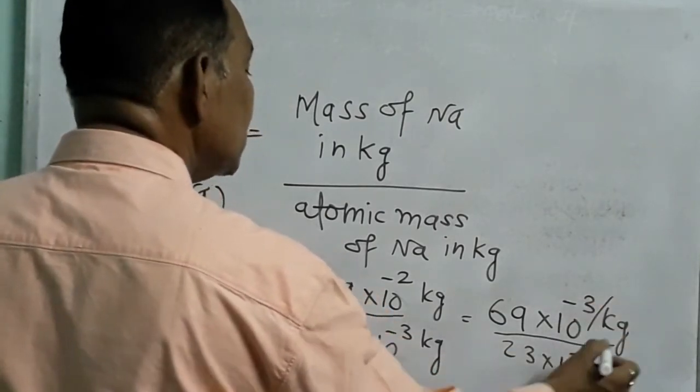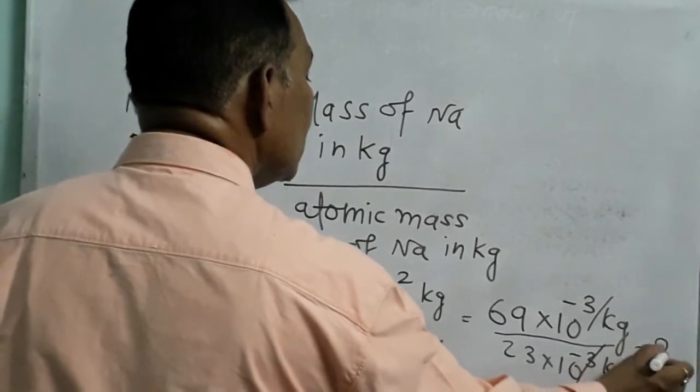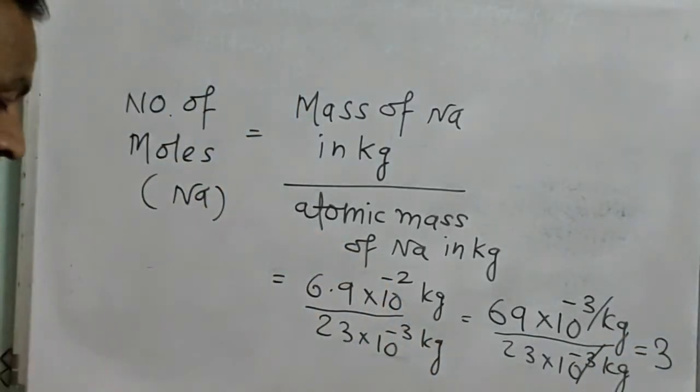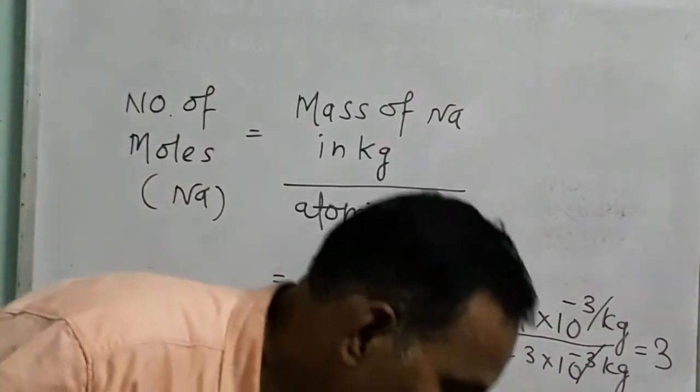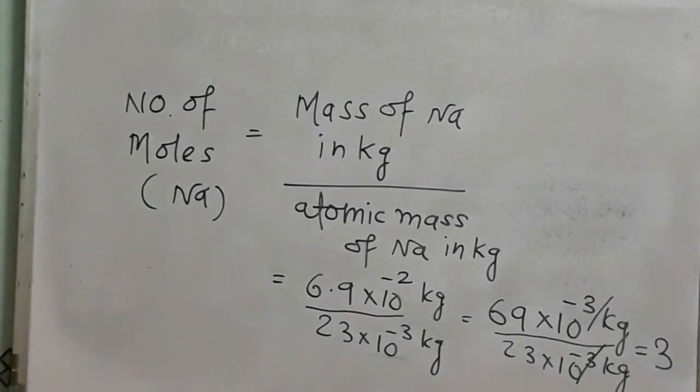So this will cancel and we are left with 3. And therefore the answer of the first problem, for 6.9 into power of 10 minus 2 kilogram of sodium, comes to be equal to 3.